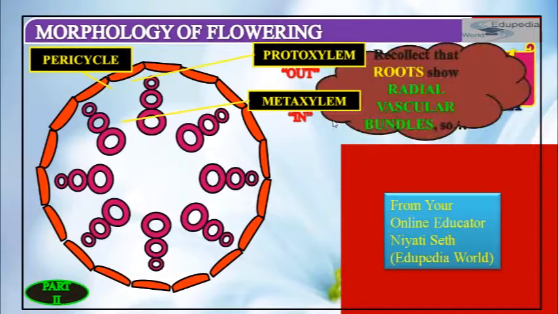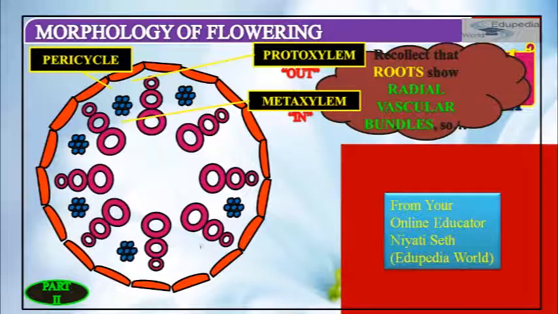Okay. Recollect that roots show radial vascular bundles. So here it is phloem. It is forming an alternate fashion of xylem, phloem, xylem, phloem. See, this is phloem, this is xylem, phloem, xylem, phloem, xylem.